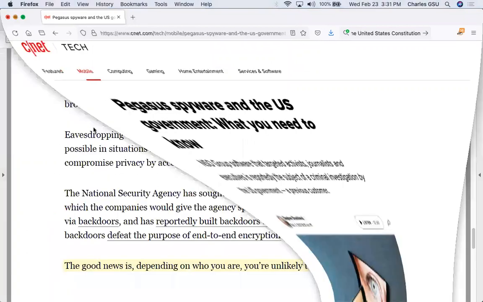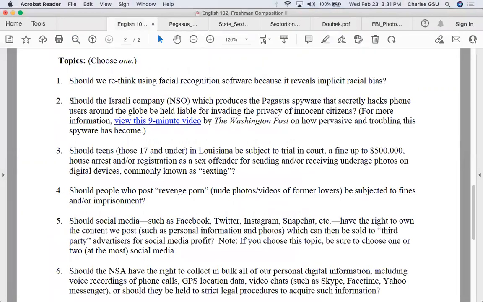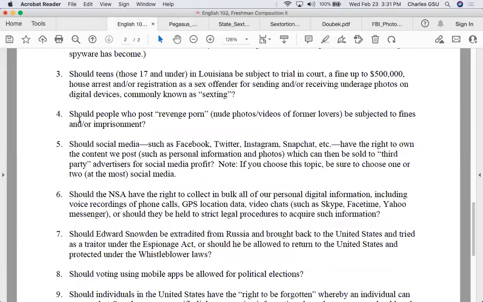So that's fundamentally what question number 2 is about, is should they be held liable, right? Responsible for invading the privacy. It's kind of hard to detect, of course, but maybe should we retool that question and say, should the government, the State Department, the United States government be held liable for buying this nefarious spyware from a company in Israel? Pretty chilling. This kind of information really should remind us of another question here that takes us back.